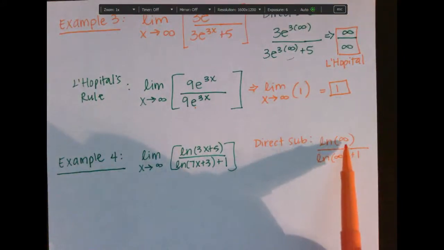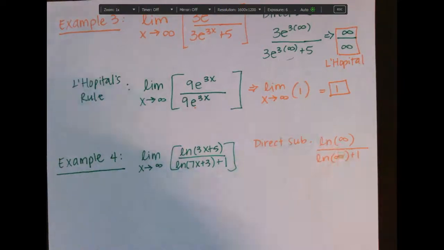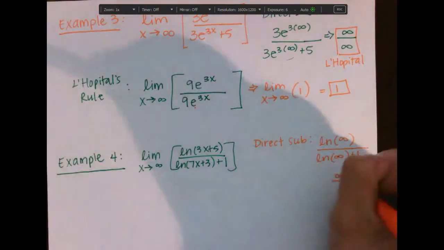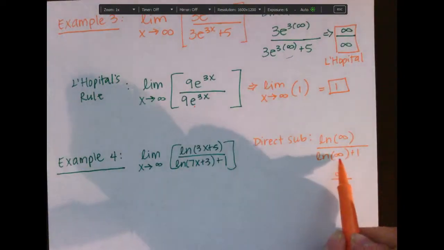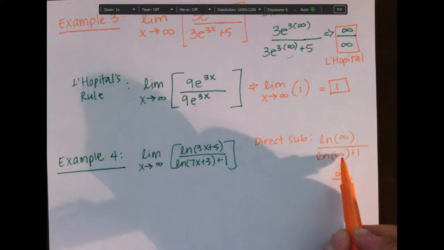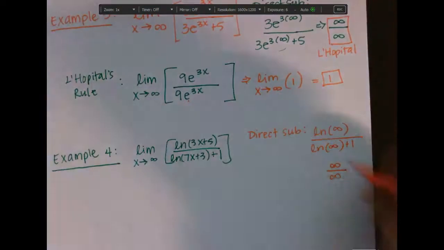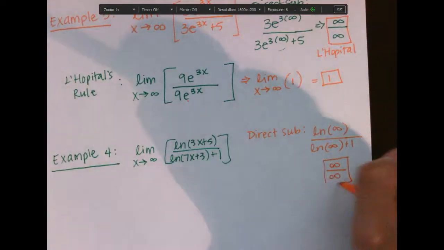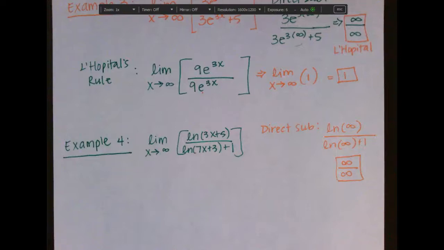And as the x values of a natural log function head towards infinity, the y values also head towards infinity. So on the top we get infinity. On the bottom, the limit as the natural log function approaches infinity is also infinity there, and then if you add 1 to infinity, you still have infinity. So this is the indeterminate form that we have when we try to use direct substitution to evaluate this limit.